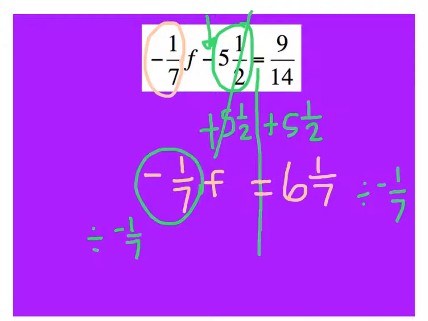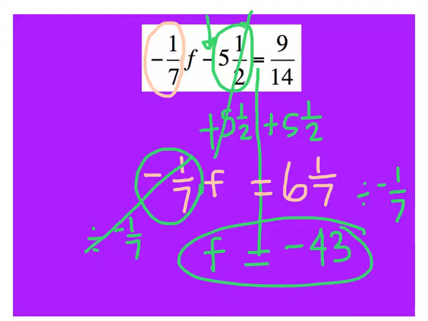Okay, so I'm going to divide both sides. Now if I have a number and I divide it by the same number, it cancels out to make 1f. And then I'm going to type in my calculator 6 1/7 divided by negative 1/7. And I'm going to end up with negative 43. So f equals negative 43.